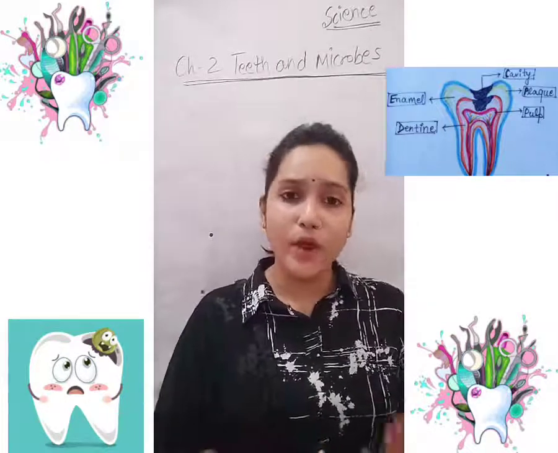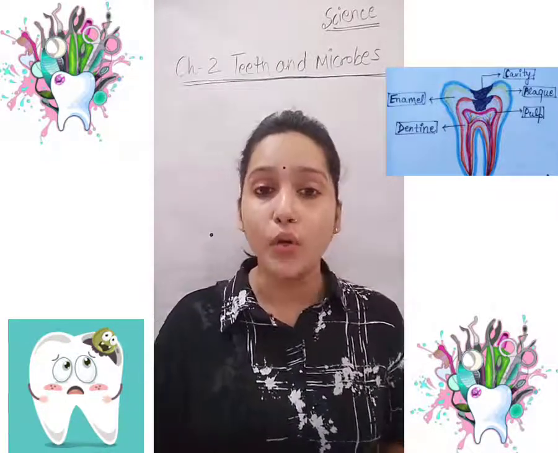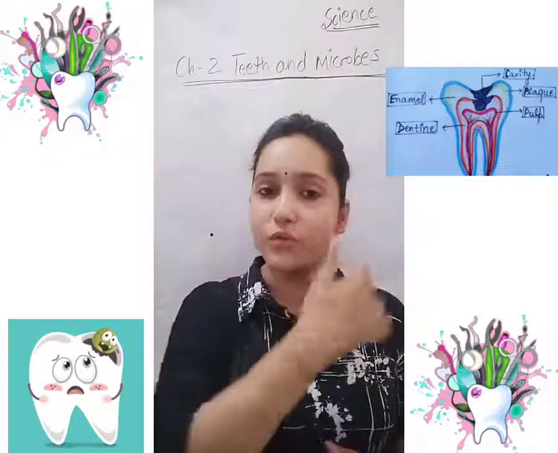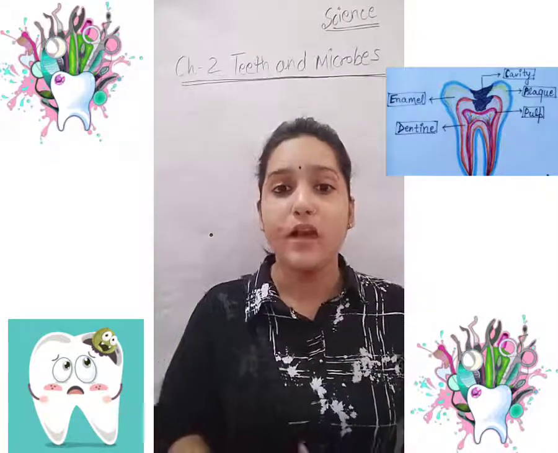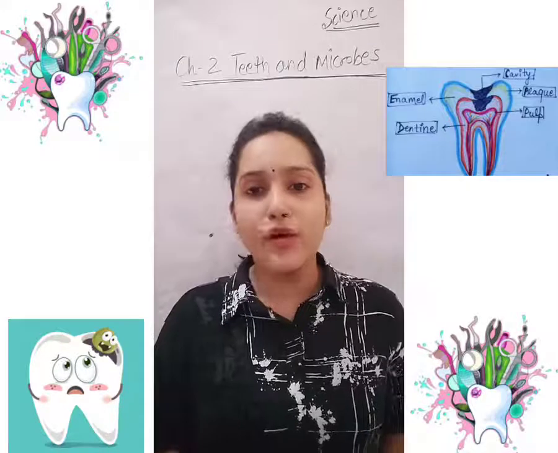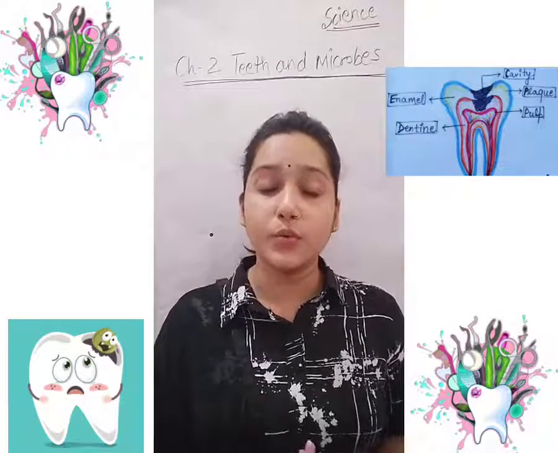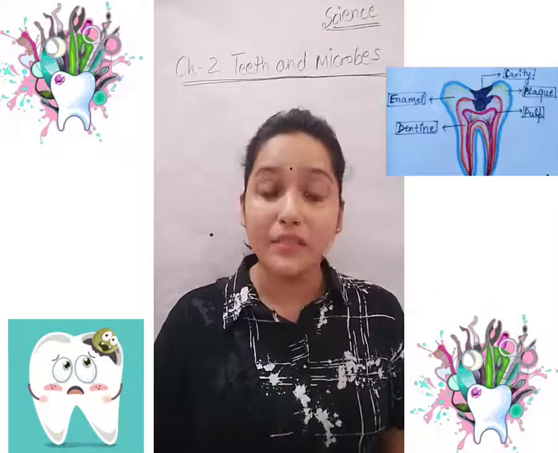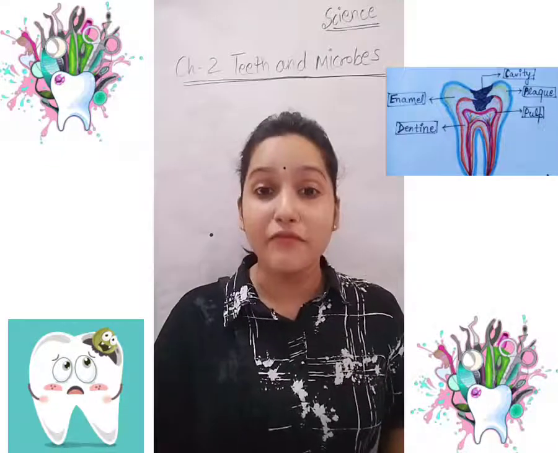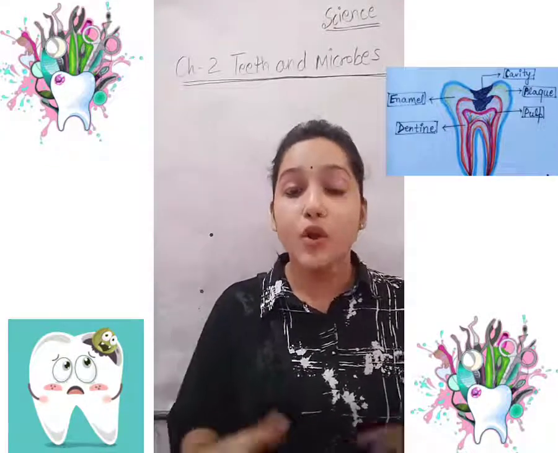Okay, so that's why whenever you eat something hot or cold, it reaches the pulp and you may feel sensations, right? So there are many effects of tooth decay, like toothaches and bleeding gums, stomach disorders, cavities inside the mouth, and loss of teeth.